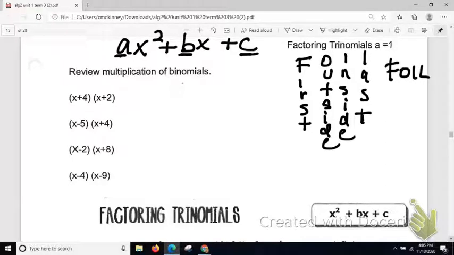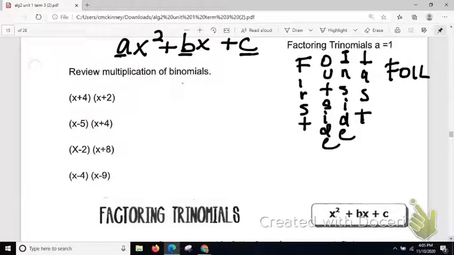It's just an acronym, and this is an I, and this is an L. That will only work when it's a binomial times a binomial. So I usually just think about distributing, starting at the left.